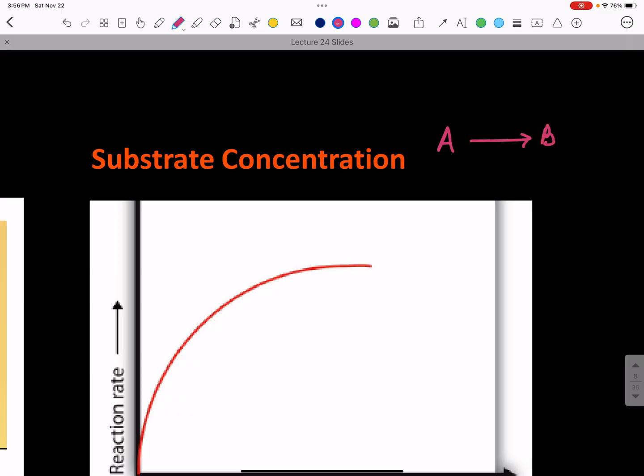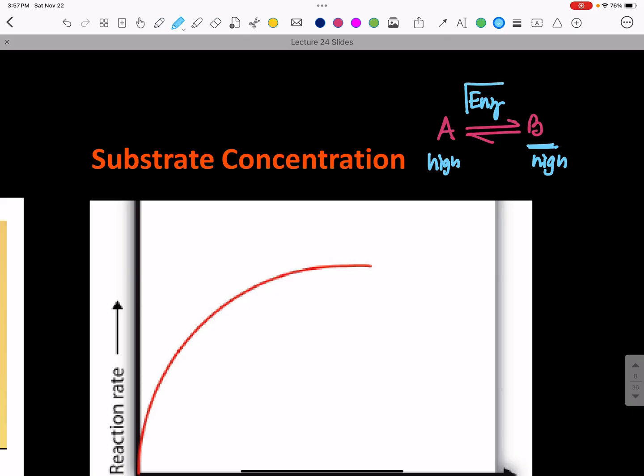Most of the time these reactions are reversible reactions. So let's say there is an enzyme that is catalyzing the conversion of A to B. Now, if there is a very high concentration of B, the product, or if there is a high concentration of the substrate itself, the enzymes can get inhibited.